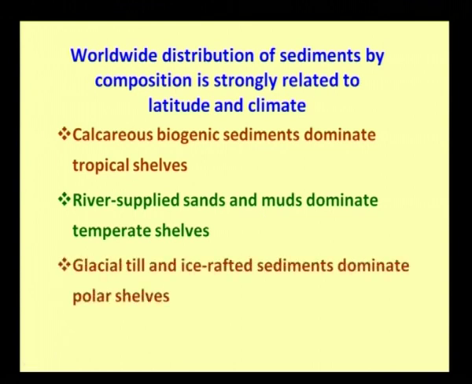And the third variety, glacial, till and ice rafted sediment, dominate the polar shelf, because the polar region is mostly icy area, and therefore, the glacial and ice rafted sediment is prevailing in most of the polar ecosystem.